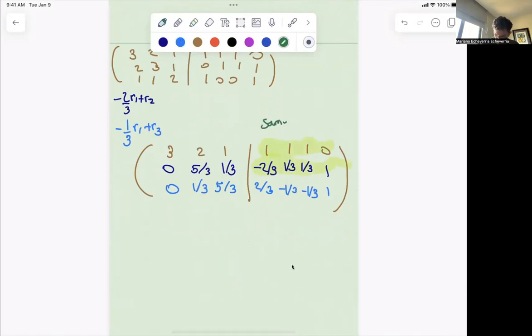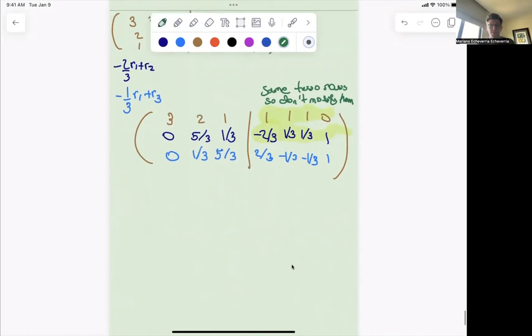Same two rows. So the idea is not to modify them. Again, why would you do that? It just adds more steps and more time you're wasting. And here is a minimization of the amount of time needed.